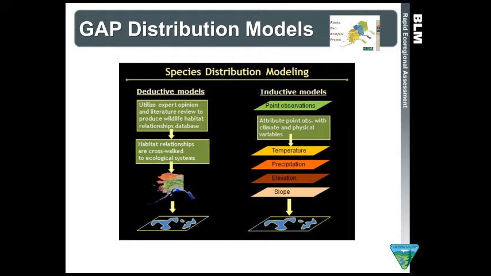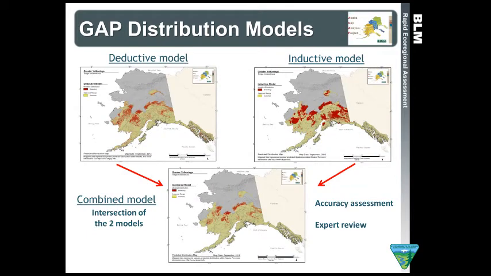The other way is doing inductive models, and that's where we take point observations, we attribute the points with climate and physical variables, and we come up with distributions that way. And these 2 model types can look sort of different. So these are all for the greater yellowlegs, a species that we're not looking at, but it gives you a good idea of what the deductive versus inductive models look like.